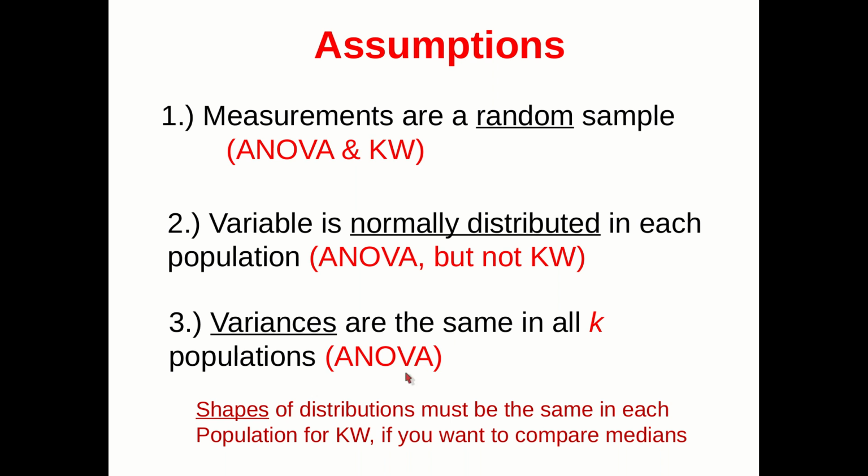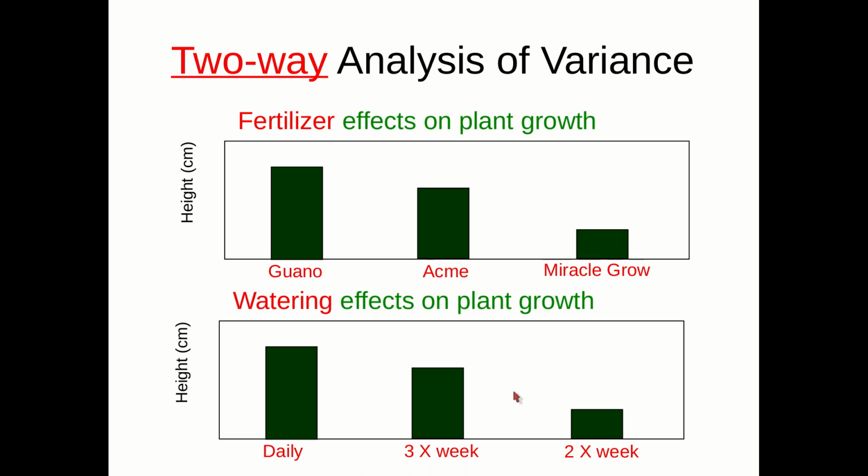This is just true for the ANOVA, and this is normally the reason why you use a Kruskal-Wallis, because you severely violate this assumption. Shapes of distribution must be the same in each population for the Kruskal-Wallis if you want to compare medians. In the next lecture, we will be introducing two-way analysis of variance.